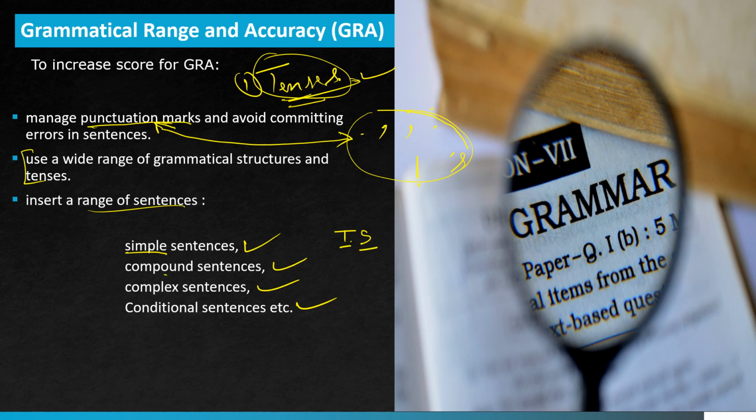Compound or complex sentences can be used to make explanation, or I will say to write supporting sentences in which you explain why you have written the topic sentence.